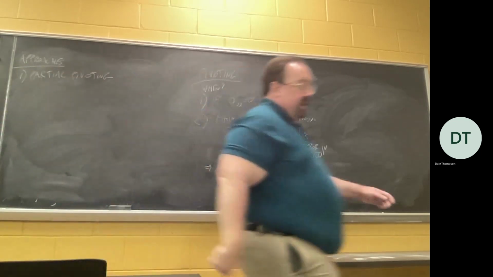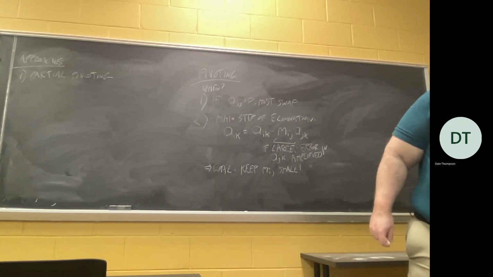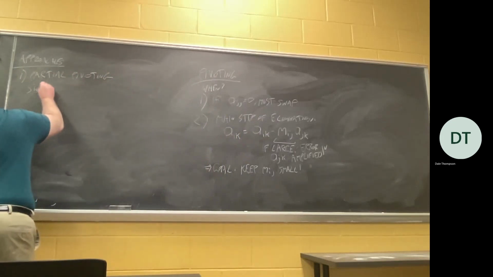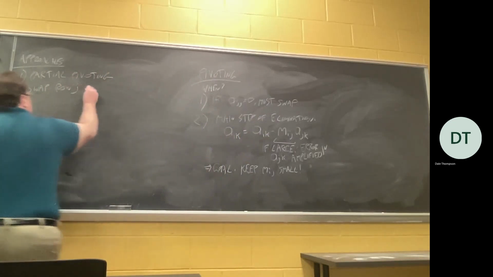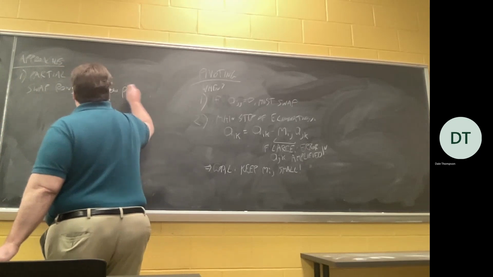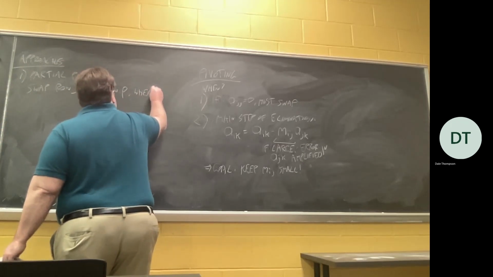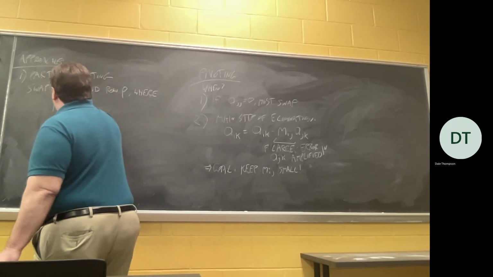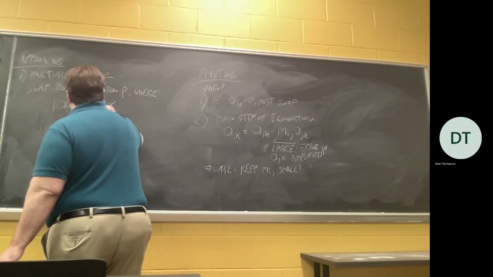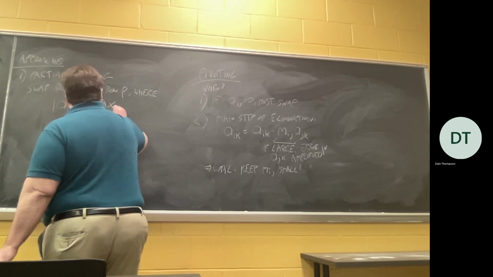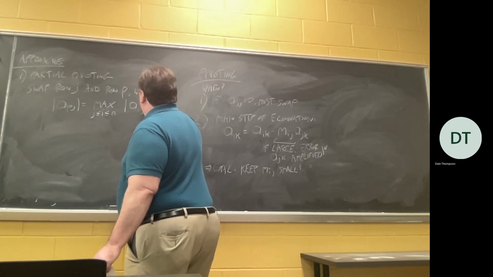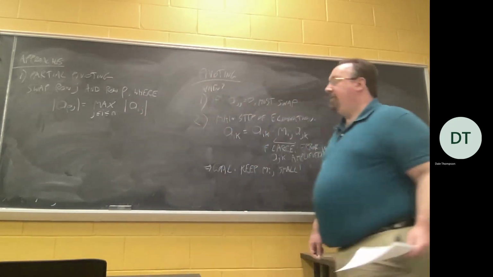So in partial pivoting, when you're about to work on column j, you swap row j with row p, where the magnitude of A_pj is equal to the maximum in absolute value of all the entries in column j on or below the diagonal.